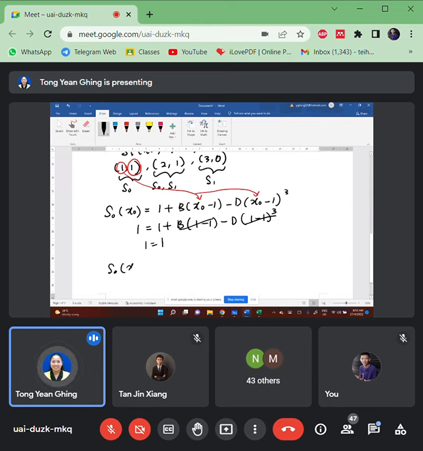As for when X1, 1 plus B X1 minus 1 D X1 minus 1 power of 3. So the value of Y is this one, 1. 1 equal to 1 plus B. Okay, X1 here, now X1 is 2.